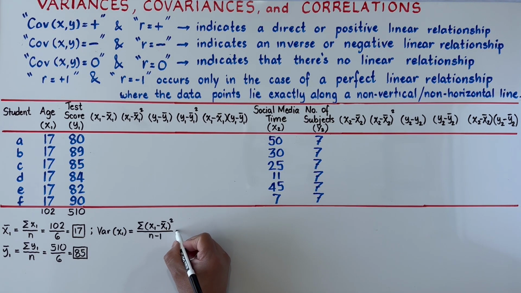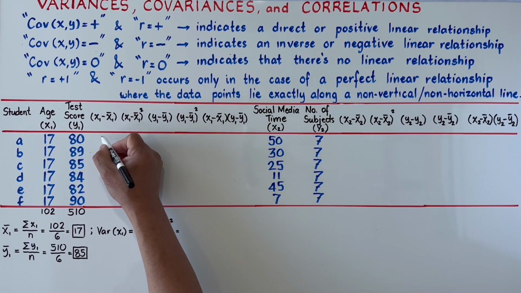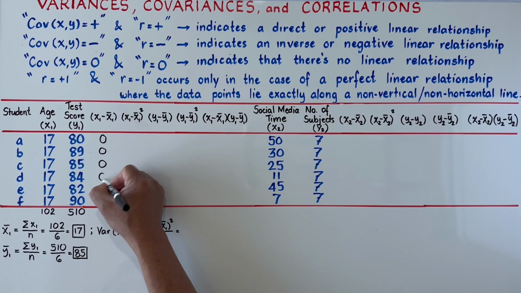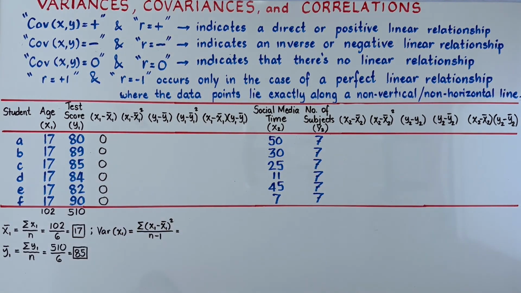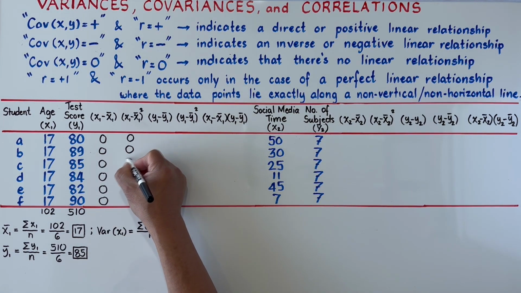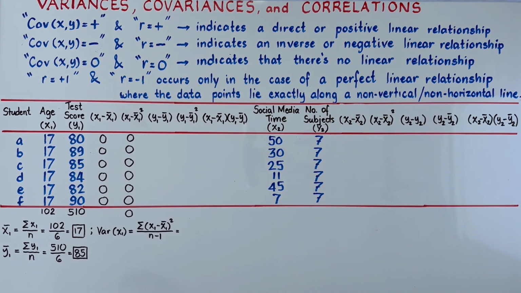To get this, we need to subtract every value by its mean. If you subtract 17 by the mean of 17, that's 0. So all of these are 0 because they are all 17. And if you square 0, of course, you get a squared value of 0 here, and the sum is also 0.